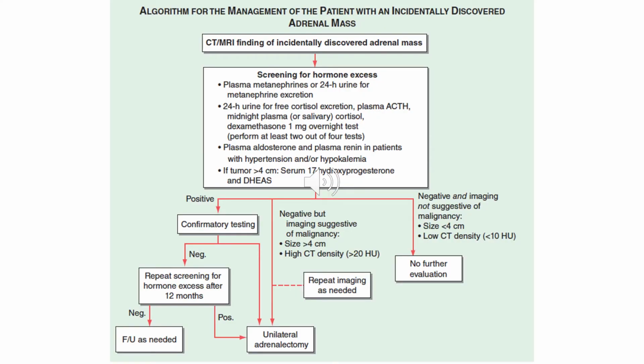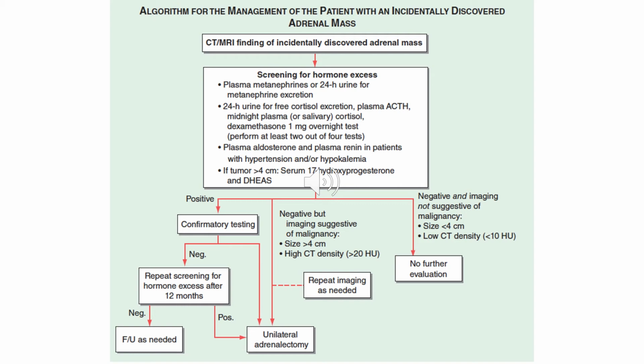Now, in a patient with an incidentally discovered adrenal mass, two key questions need to be addressed. Does the tumor autonomously secrete hormones that could have a detrimental effect on health, or is the adrenal mass benign or malignant? Exclusion of catecholamine excess from a pheochromocytoma arising from the adrenal medulla is a mandatory part of the diagnostic workup.